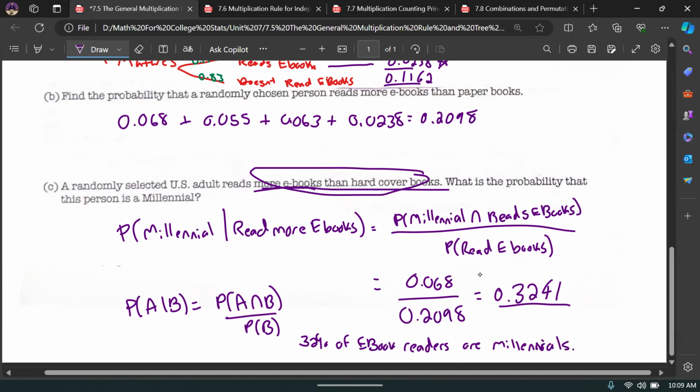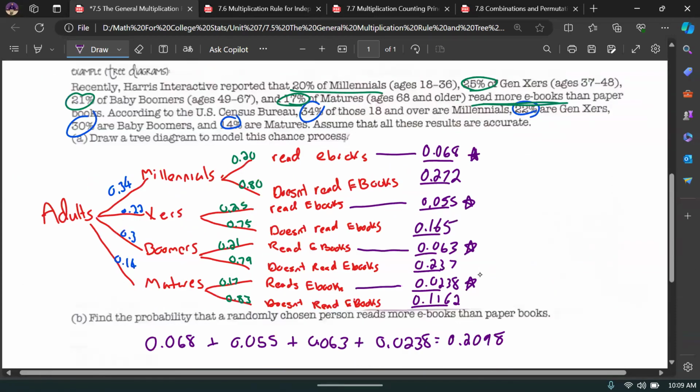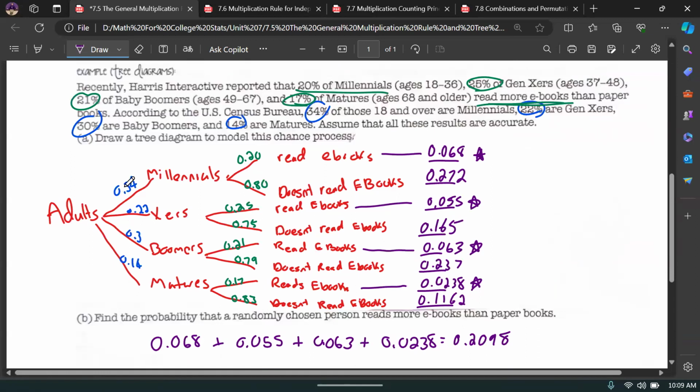All right, that's going to do it for 7.5. Certainly one that we're going to practice more of, so don't sweat it. But remember, use your formulas. And also, let's go back to the tree diagram just one more time to review it. Set it up. It should tell you these numbers basically in the problem. Remember, to find these totals, all you do is multiply the branches together. So first branch, second branch gives you that total.